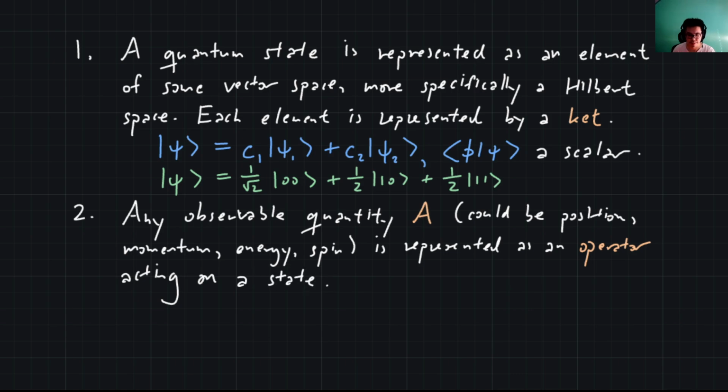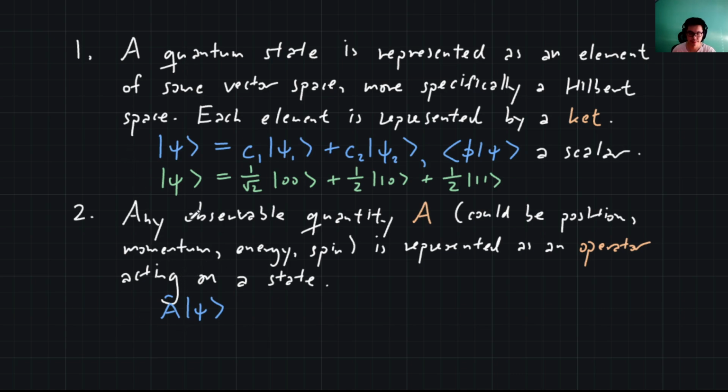Which represents a state. So for example, we have an example called A of psi. So this A provides something like the energy level of a quantum atom, the energy levels of the electrons. The electron system is represented as a single state, psi.